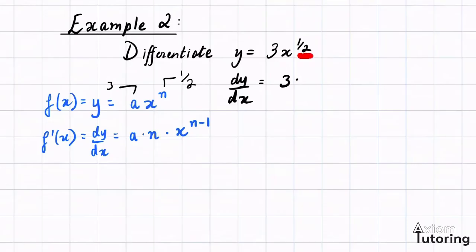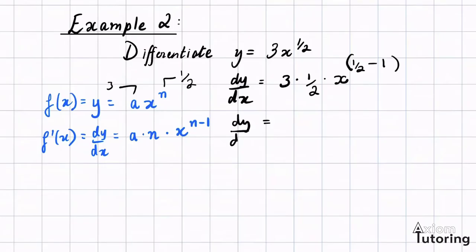Our n is a half, so we do 3 times a half. And then we have times x to the power of n minus 1. n is a half here, so we actually want a half minus 1. Okay, a half minus 1, that's minus 1 half.